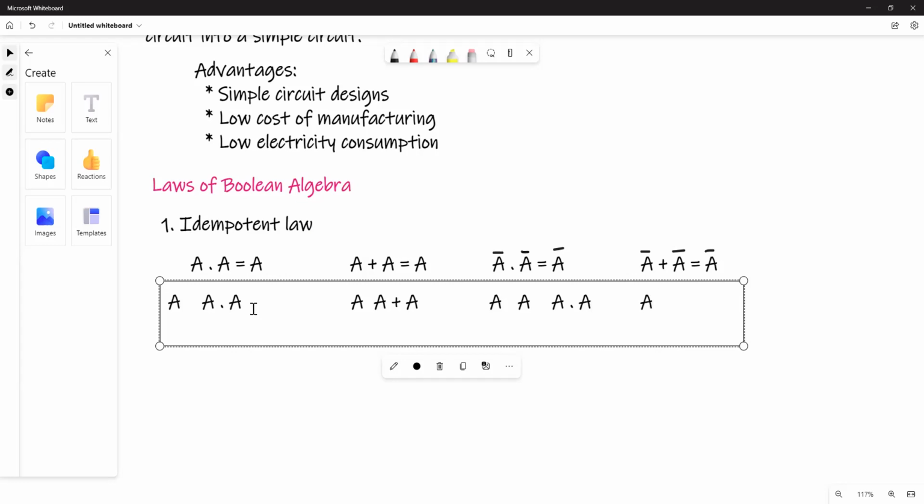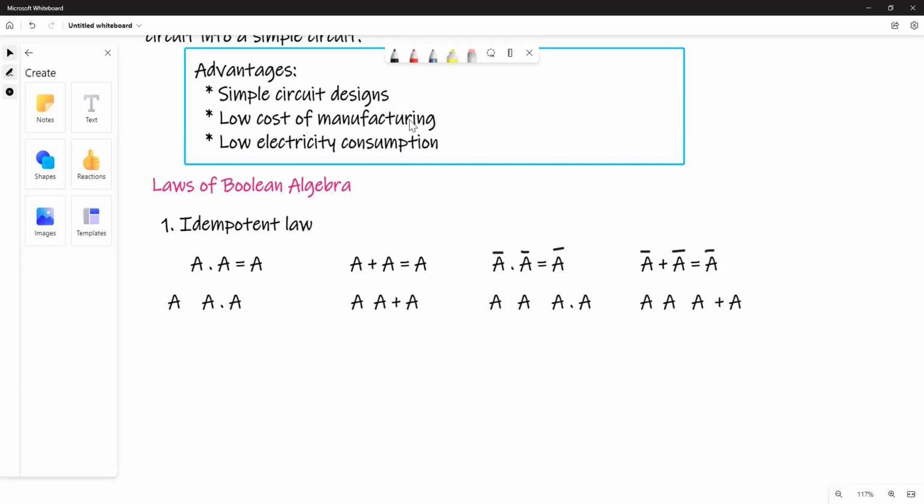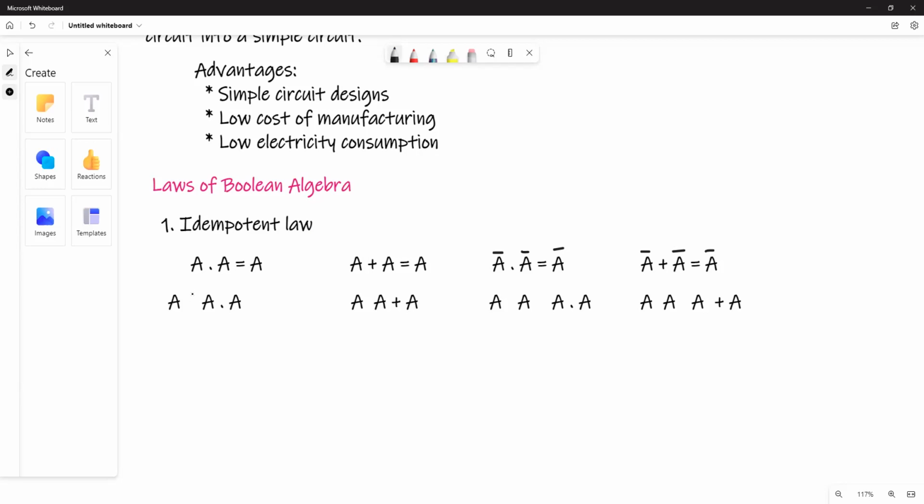Similarly, we have A bar plus A bar. We can draw tables like this. So here is the first one. You can fill the table and observe whether we are getting the same answer.